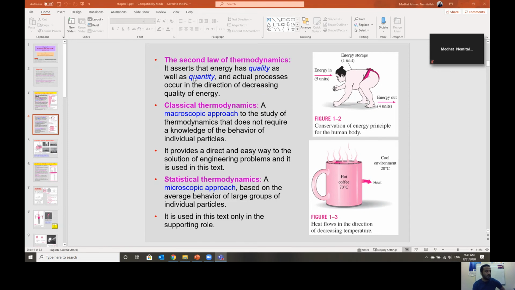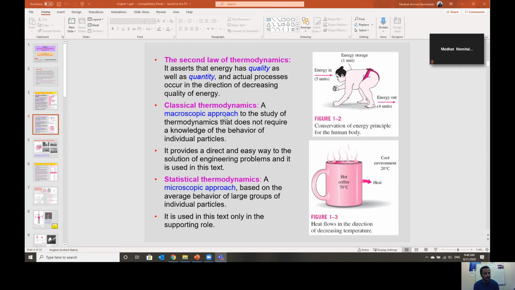Second law of thermodynamics, we said it deals with the quality of energy, not the quantity. It states that any process has a direction, and it has to proceed from the high energy potential to the low energy potential. To study any thermodynamic system, we have two approaches: the classical thermodynamic approach, which gives the average behavior of the system, and this is actually the engineering approach.